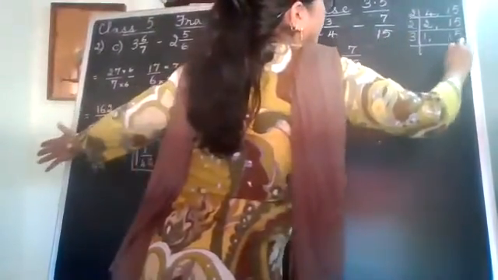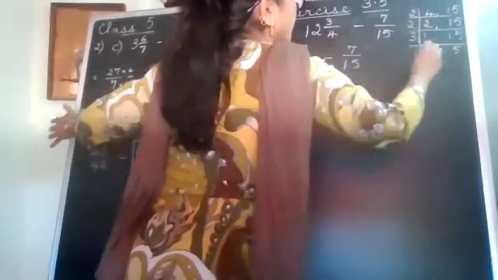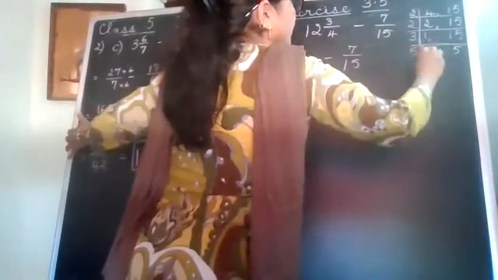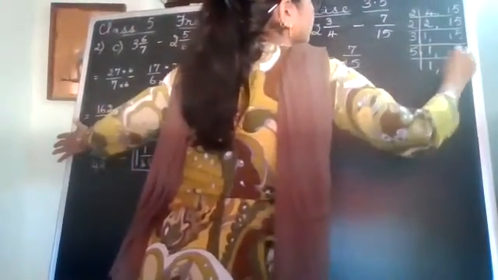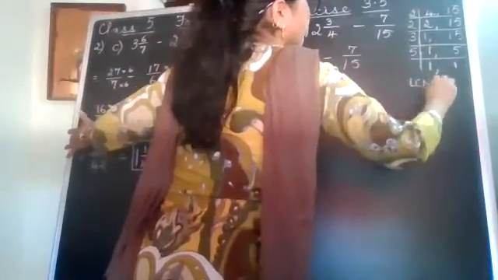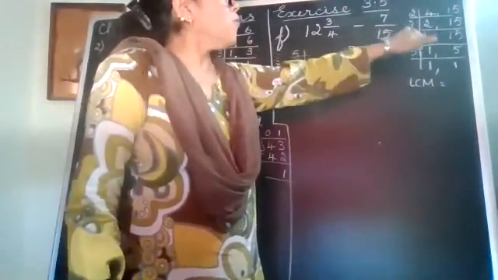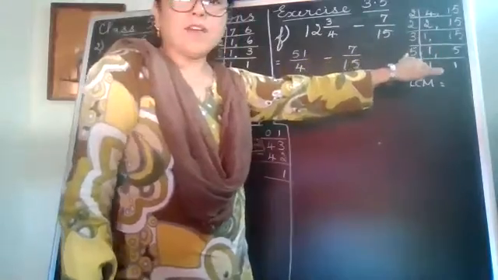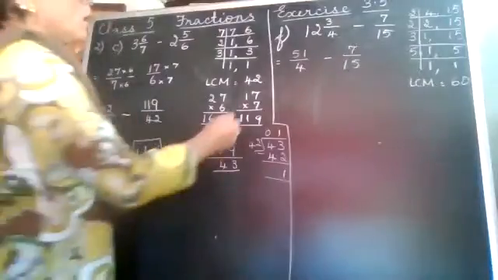Then 3 divides 15 5 times and 5 divides 5 once. So your LCM is 2 2s are 4, 4 3s are 12, 12 5s are 60. If you don't know, you can multiply 12 and 5 here in the working column.